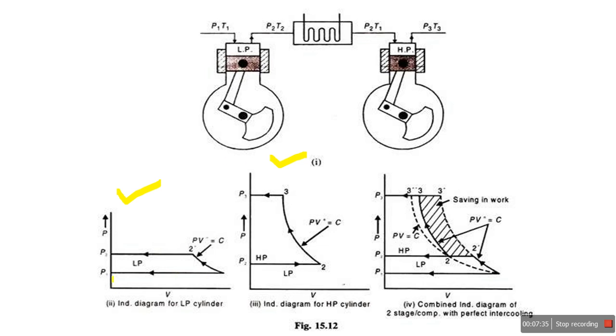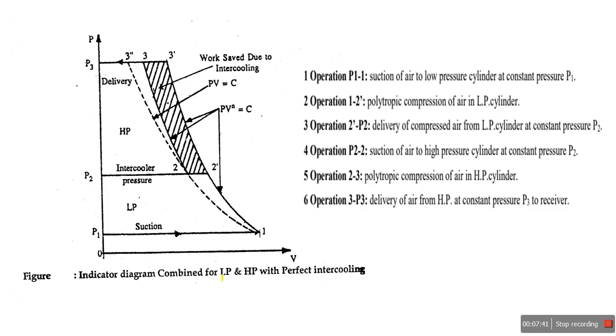Initially, when the piston moves from TDC to BDC, a volume of air is sucked in. If you see the combined diagram, initially at pressure P1 the volume is sucked into the low pressure cylinder and compressed. P1 to 1 is suction of air in the low pressure cylinder at constant pressure, and 1 to 2 dash is the polytropic compression of air in the low pressure cylinder.